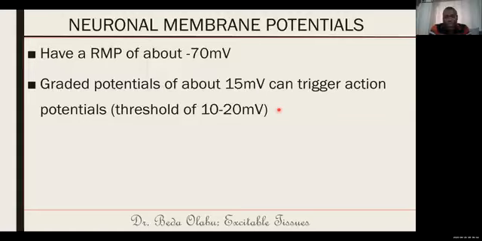You can unmute yourself, then you answer. Why wouldn't a graded potential that makes the cell membrane potential move from negative 70 millivolts to negative 90 millivolts initiate an action potential?